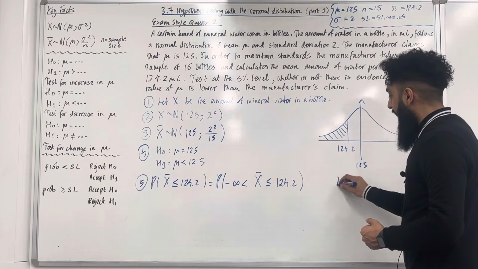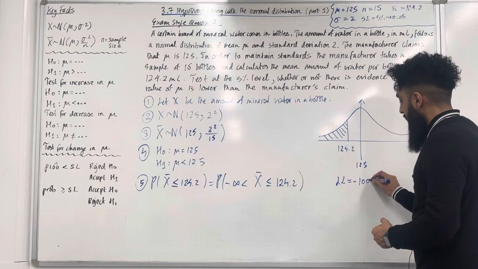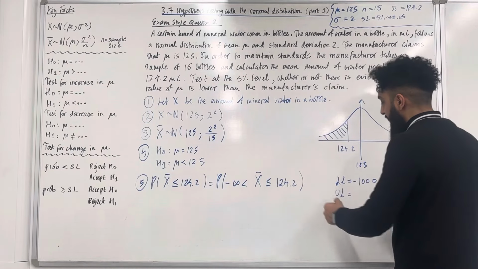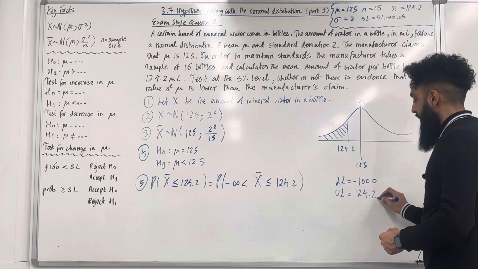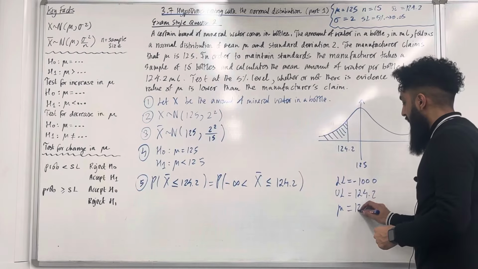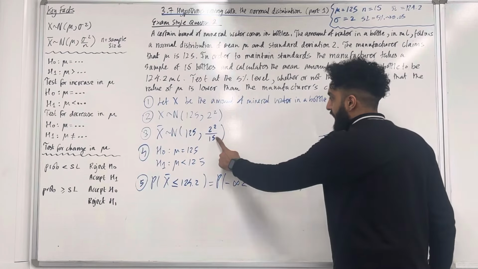So lower limit, LL, take it to be minus 1000. The upper limit, UL, is 124.2. The mean mu is equal to 125, and the standard deviation sigma is equal to the square root of this.